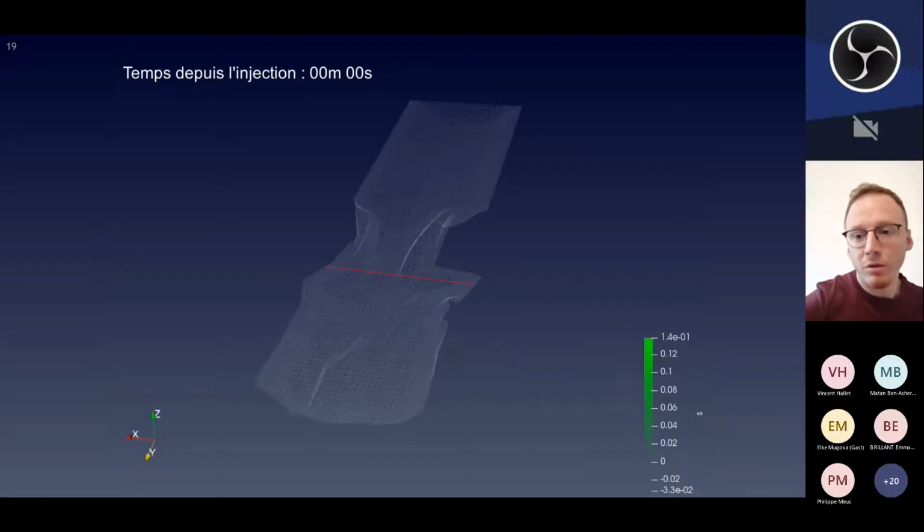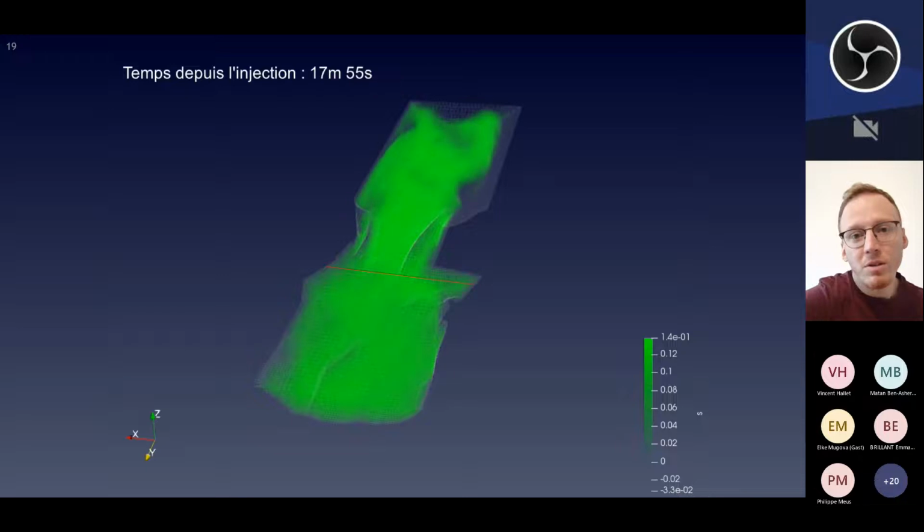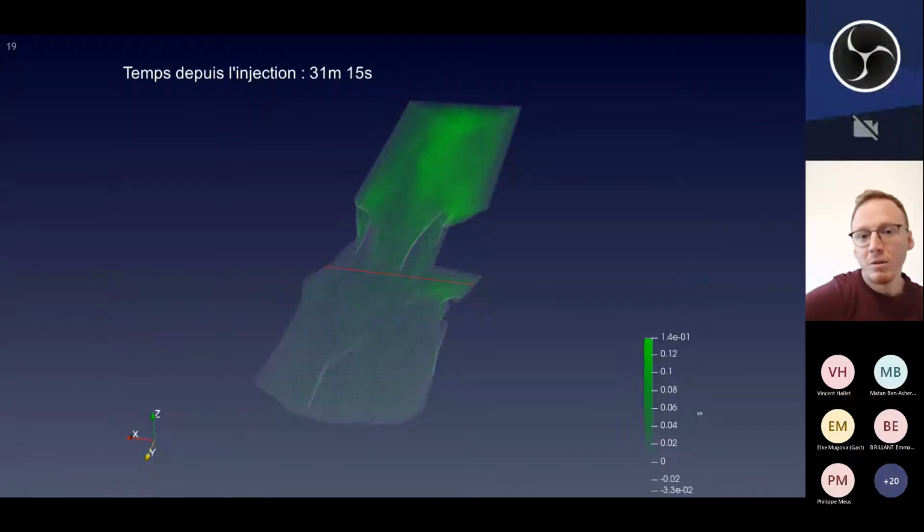This is a video of the result. You have the time from the injection, and after 10 minutes, you see the cloud arriving. And then you can see how it's spreading out through the mesh. You have many phenomena. You have turbulences. You have negative velocities.